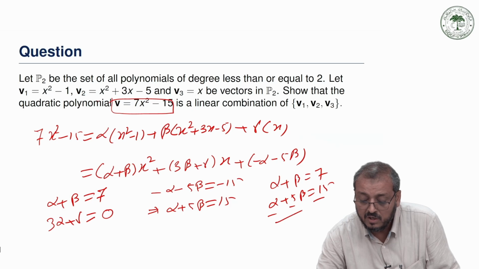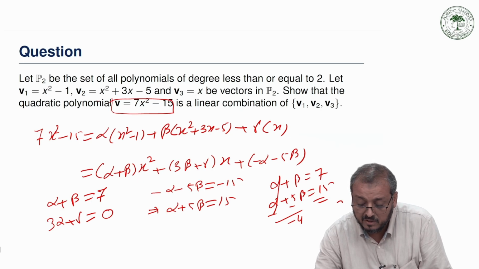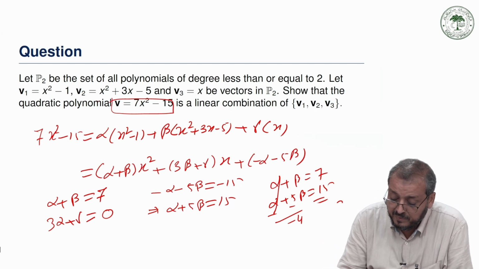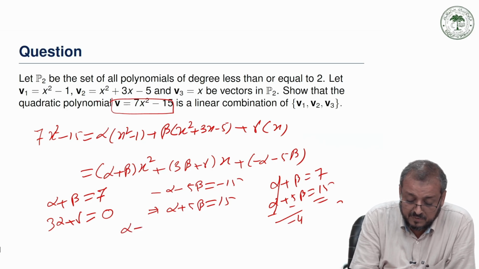So we have alpha plus beta equal to 7 and alpha plus 5 beta equal to 15. Now subtracting these, we cancel alpha, so you have minus 4 beta equal to minus 8. So beta is equal to 2. If beta is equal to 2, then we can calculate alpha from alpha plus beta equal to 7.